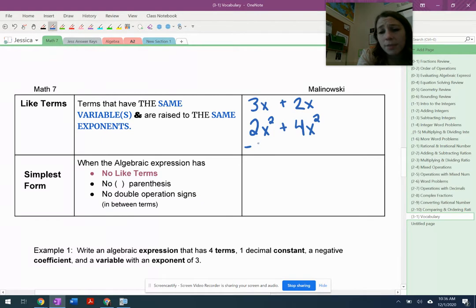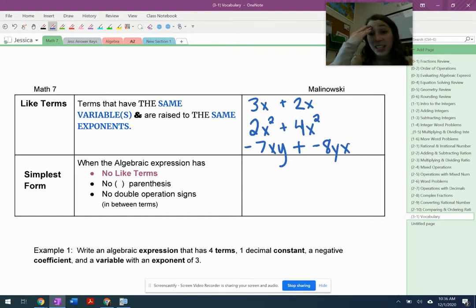One last example. Let's go negative 7xy, and we'll just go plus negative 8yx. Now this is important to look at because even though the x comes first in the first one and then the y comes first in the second term, those are still considered like terms.